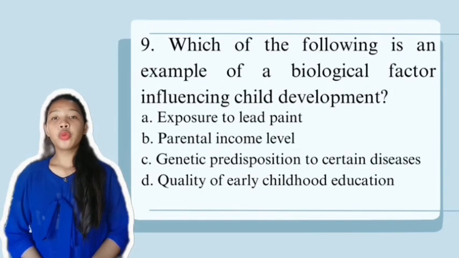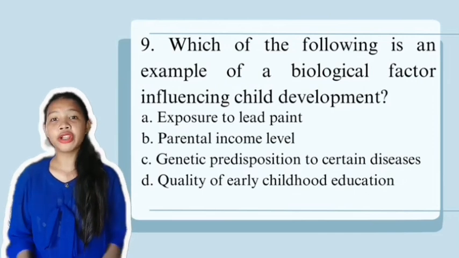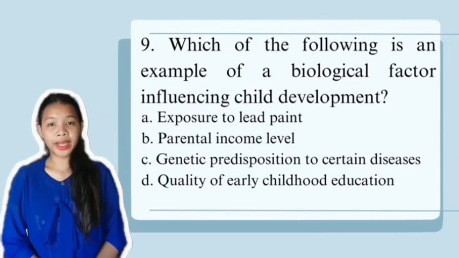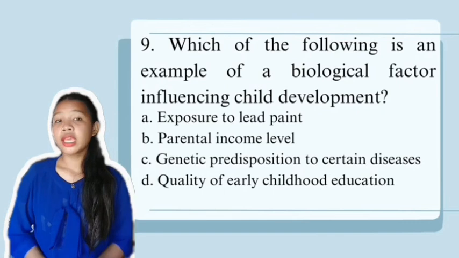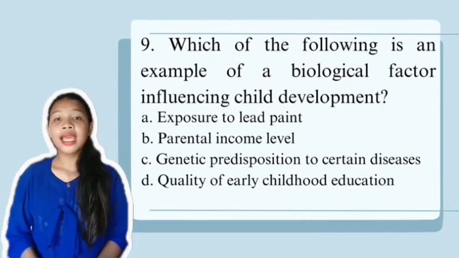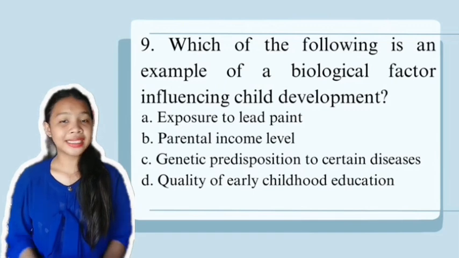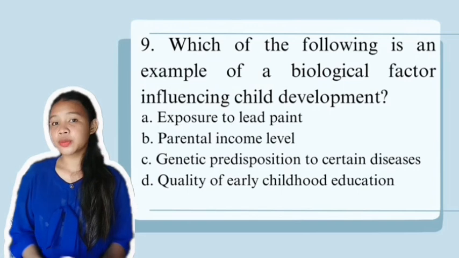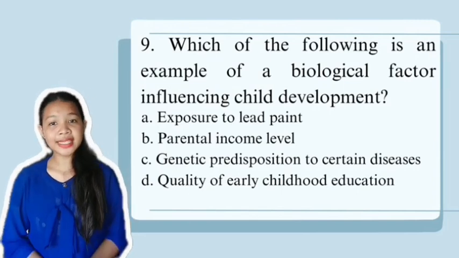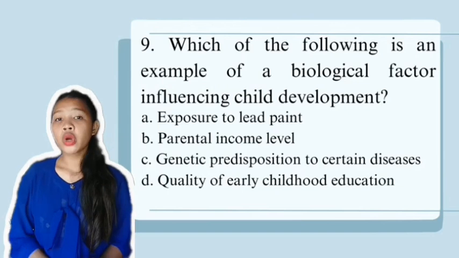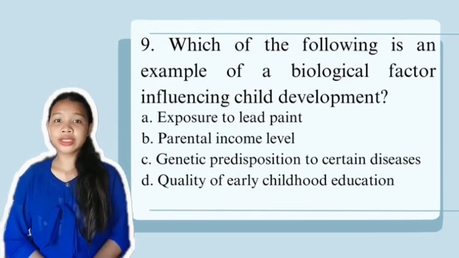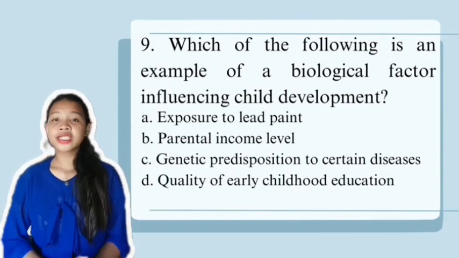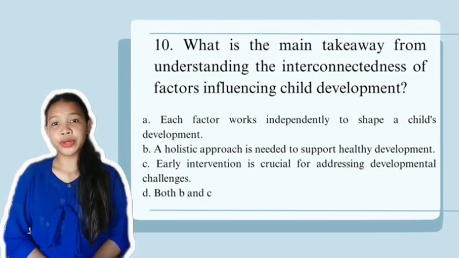Number 9. Which of the following is an example of biological factors influencing child development? Letter A, exposure to lead. Letter B, parental income. Letter C, genetic predisposition to certain diseases. Or letter D, quality of early childhood education. So are you done? Now let's proceed to the last number.